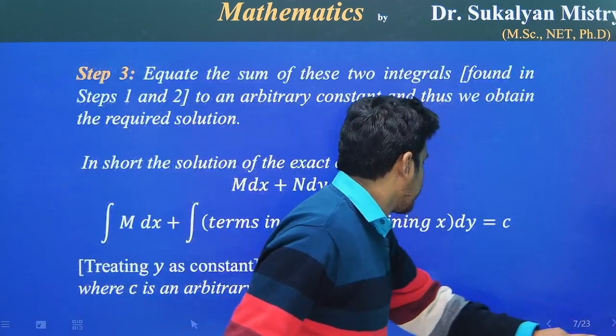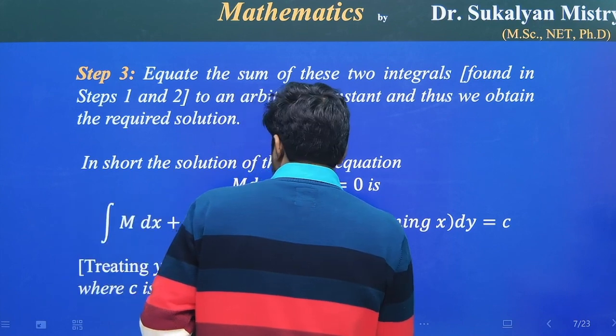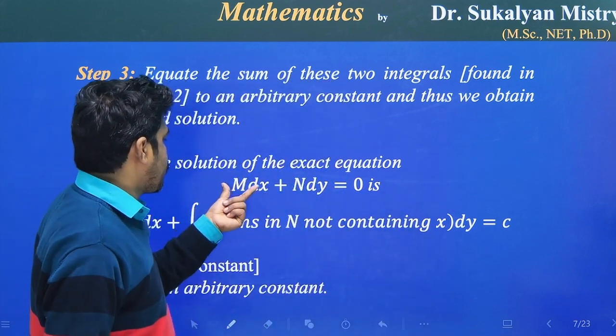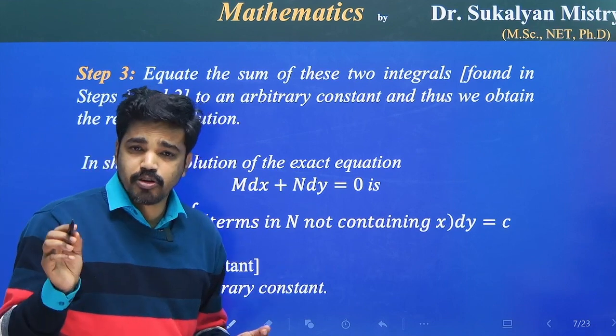Just remember this result directly and that is enough. Suppose M dx plus N dy is equal to 0, and this is exact, that means del M del y is equal to del N del x.